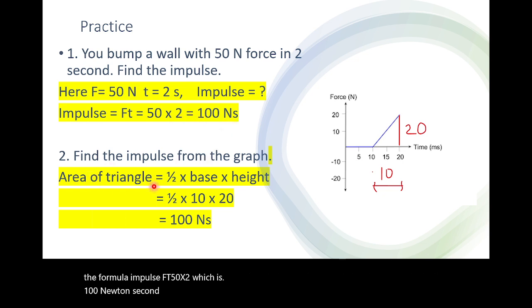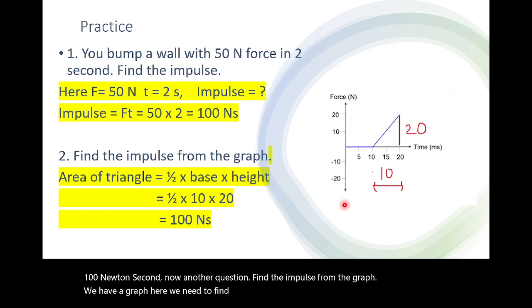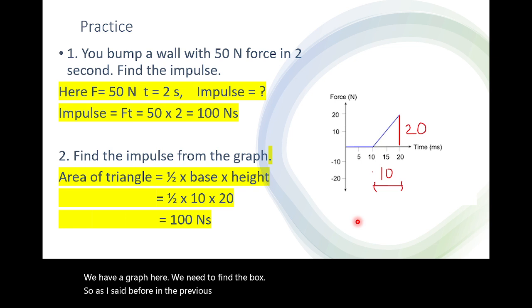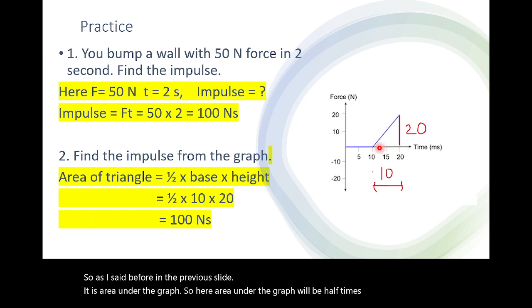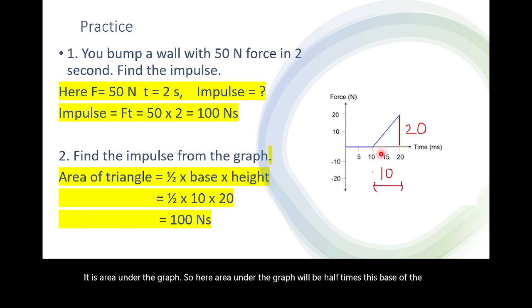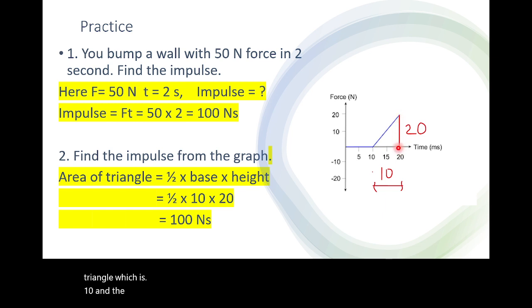Now another question. Find the impulse from the graph. We have a graph here. We need to find the impulse. So as I said before in the previous slide, it is area under the graph. So here area under the graph will be half times the base of the triangle, which is 10, and the height of the triangle, which is 20.